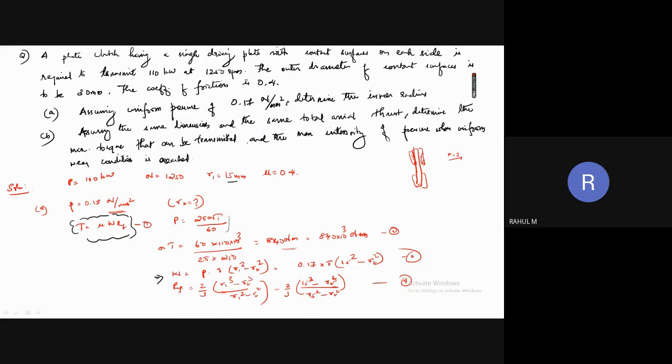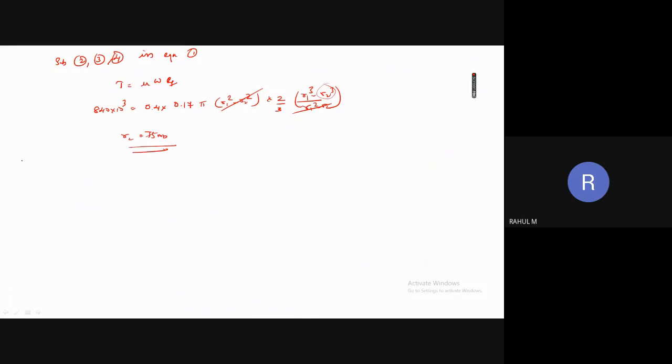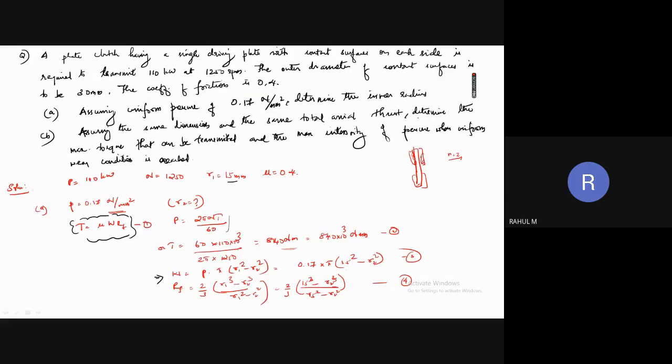Determine the maximum torque that can be transmitted and the maximum intensity of pressure when the uniform wear condition is reached. The second part of the question is all about the uniform wear condition. So here you have to determine the maximum torque that can be transmitted.